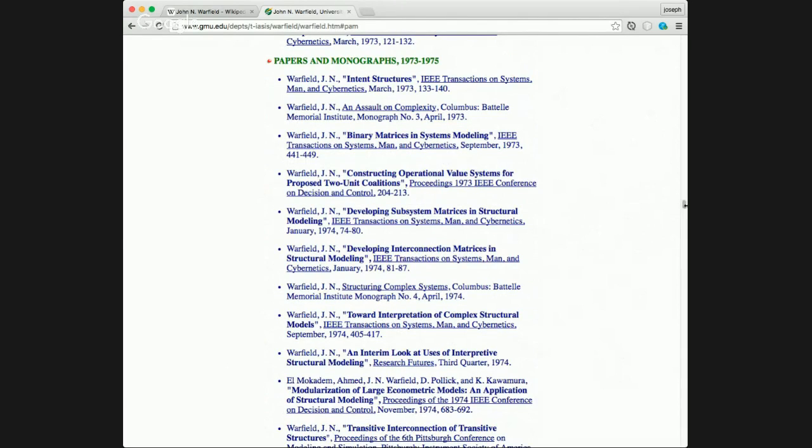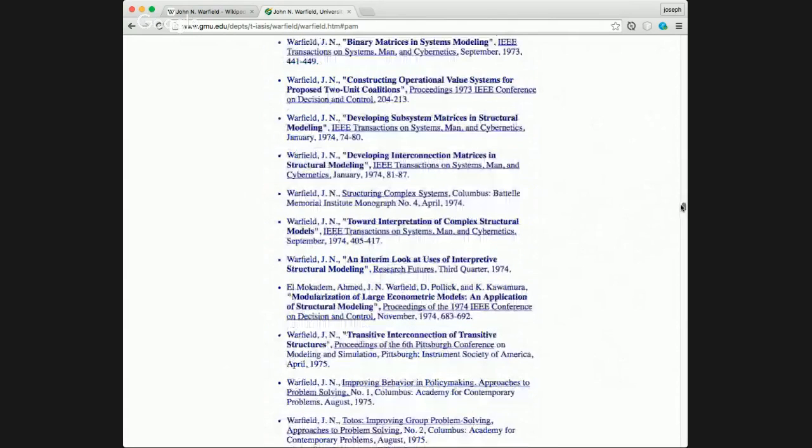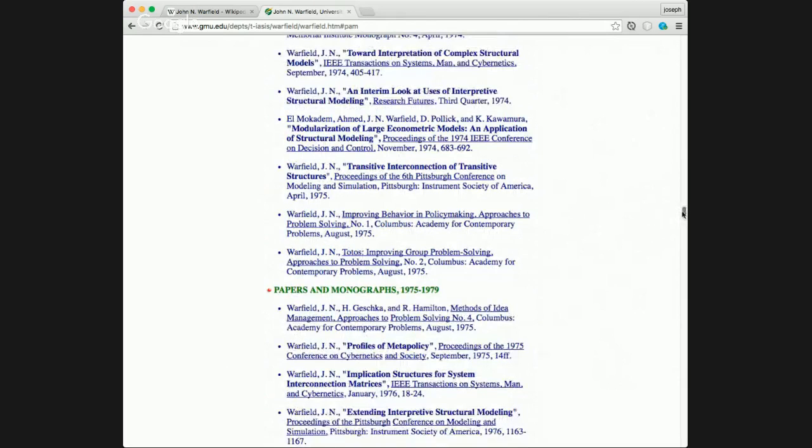So what we have here is Warfield was trained as a mathematician, then did his graduate work in communications and electrical engineering, and wrote a number of publications on the application of the mathematics and the ideas of switching theory to different types of problems.